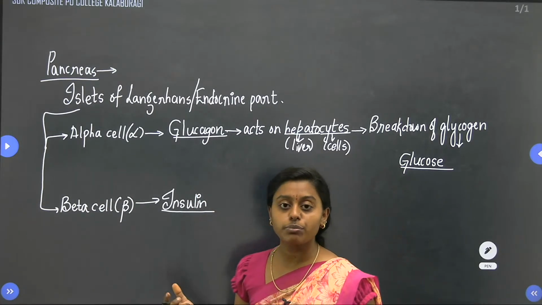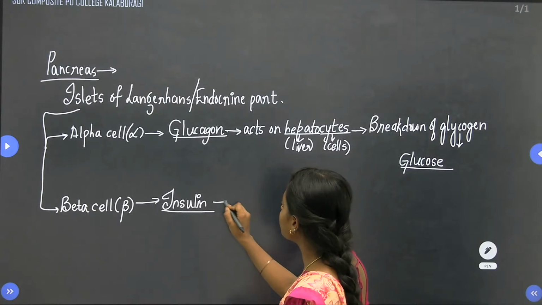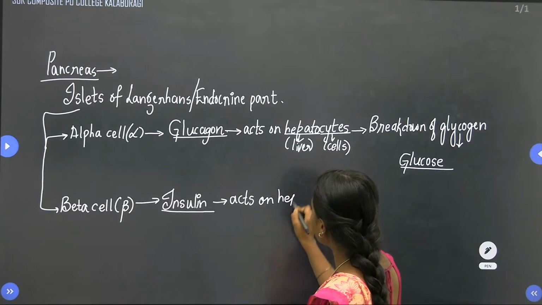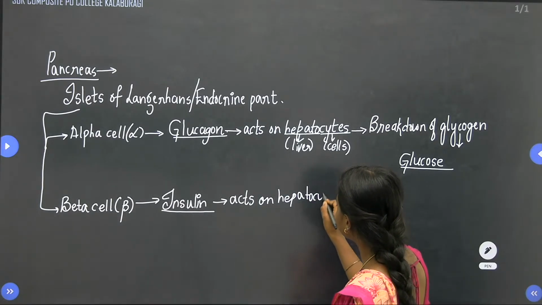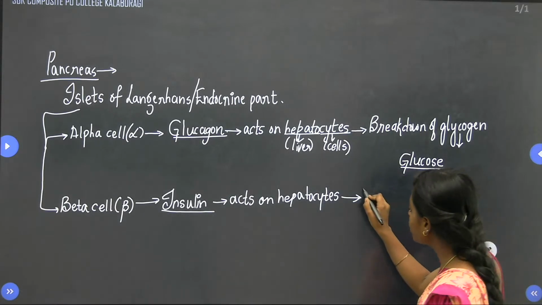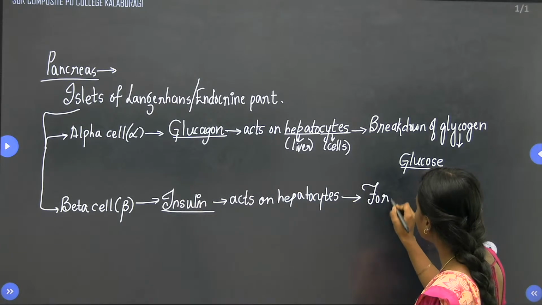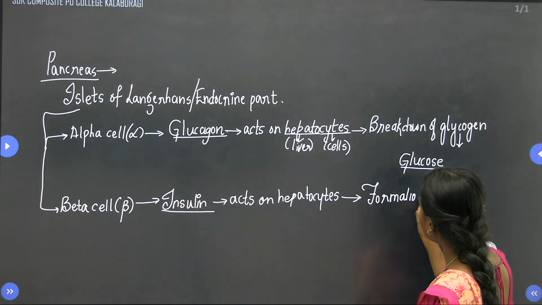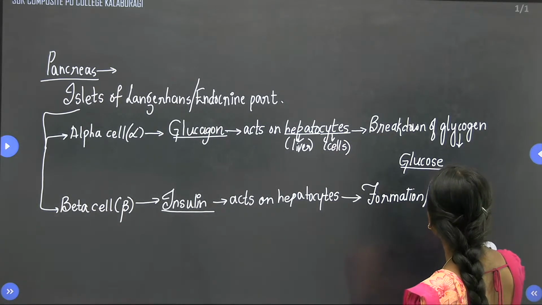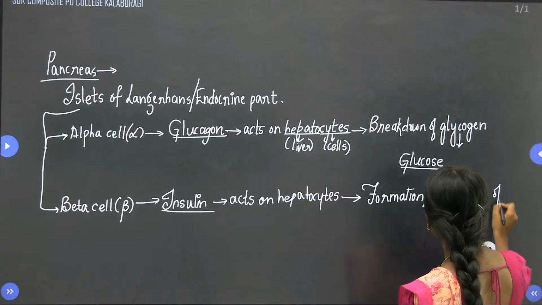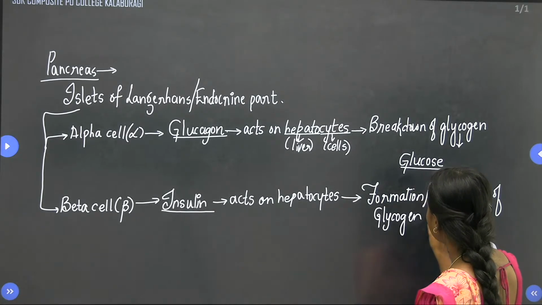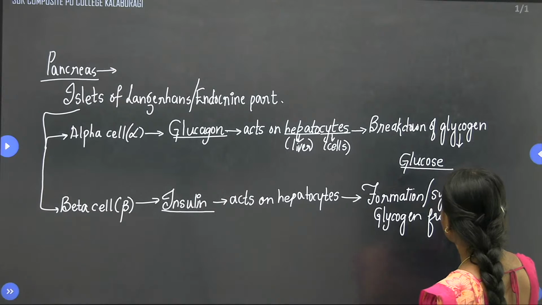If we look into the function performed by insulin, it also acts on hepatocytes, and this facilitates formation or synthesis of glycogen from glucose.